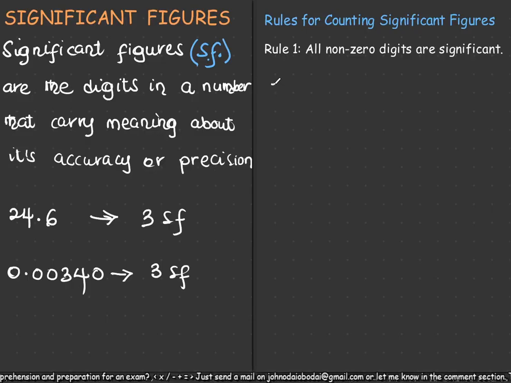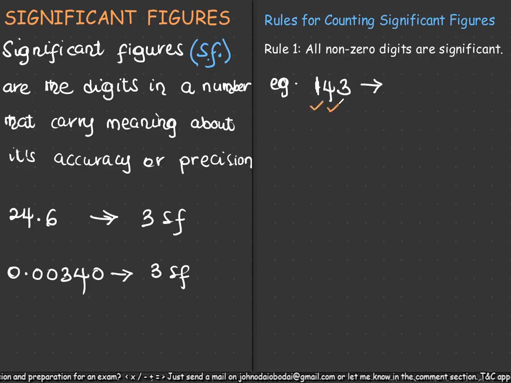As an example, if we have the number 143, you are being asked how many significant figures you have here. If you look at it carefully, we have 1, 2, 3 digits. Is this one significant? Yes, it is, because it is a non-zero digit.